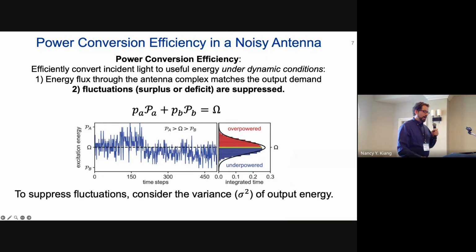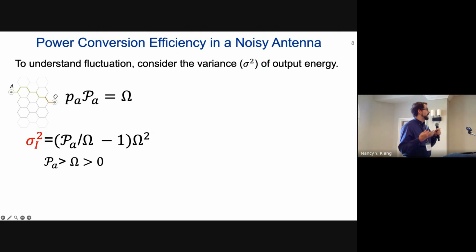And so in order to reduce fluctuations, I want to reduce this variance. The reason that I set up the model in this way is because if we use this mathematics, then there's a theorem that lets me write down what that variance is. And so I can just write down an expression for the variance of, say, a single channel system.